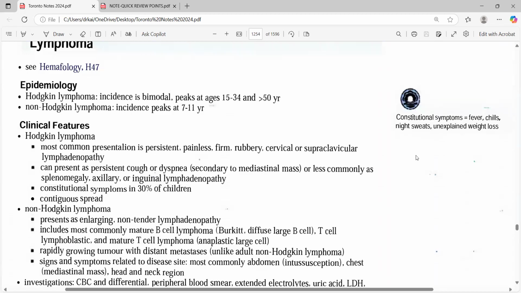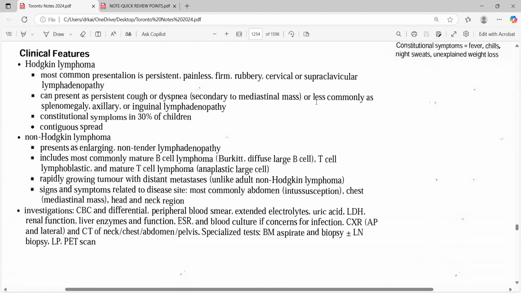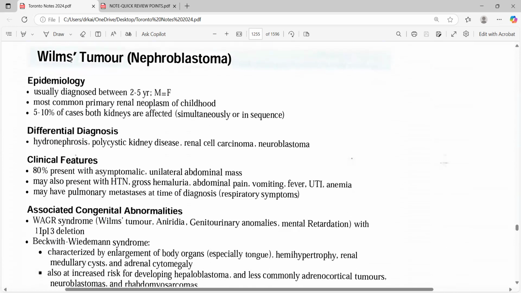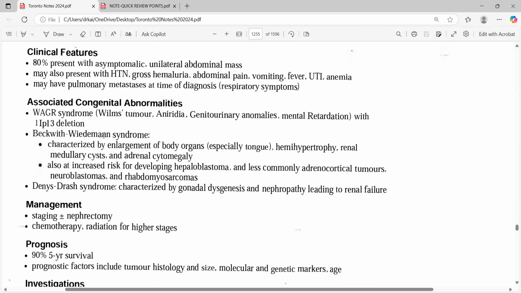Just for your idea, constitutional symptoms, as we already discussed, are fever, chills, night sweats and weight loss. Wilms tumor is also related to WAGR syndrome: Wilms tumor, aniridia, genitourinary abnormalities, and mental retardation. And Beckwith-Wiedemann syndrome, I would suggest you look at a little bit because it has enlargement of the body organs.